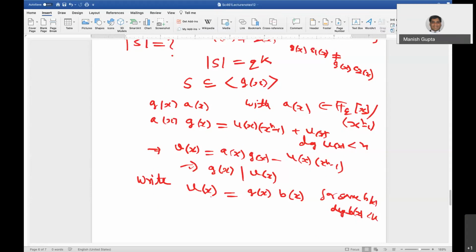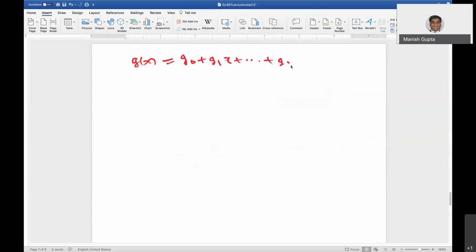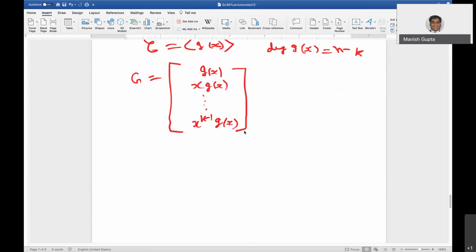Since the code has this form, this implies that the set generated by g is a subset of S. And so the degree of g(x) is n minus k, and the generator matrix G can be written as g(x), x times g(x), dot dot dot, x raised to k minus 1 times g(x). Okay, so that means it is nothing but the cyclic shift of g(x). Let us take an example and it will be clear to you.